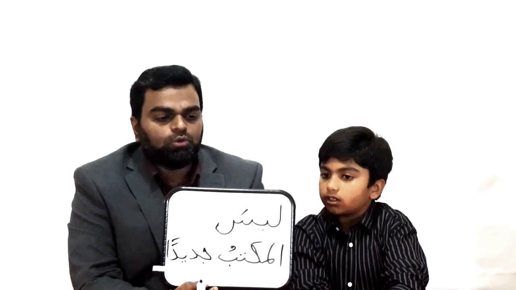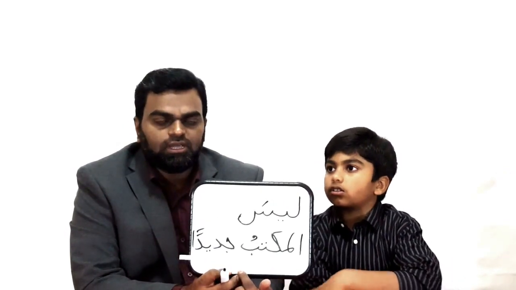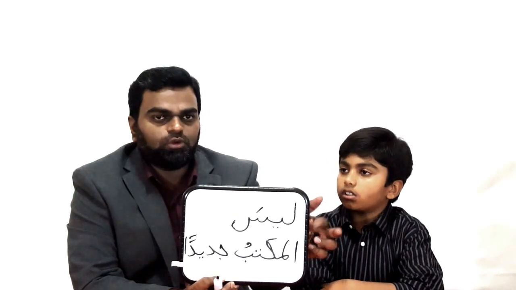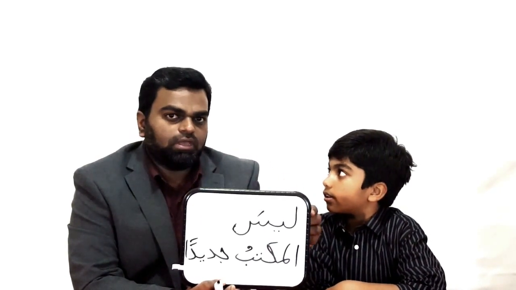So we would say laysa al-maktabu jadidan. I'll tell you why it is jadidan. So al-maktabu jadidun is a sentence, but if you use the word laysa to negate, to say it is not new, you put it right at the beginning of the sentence.